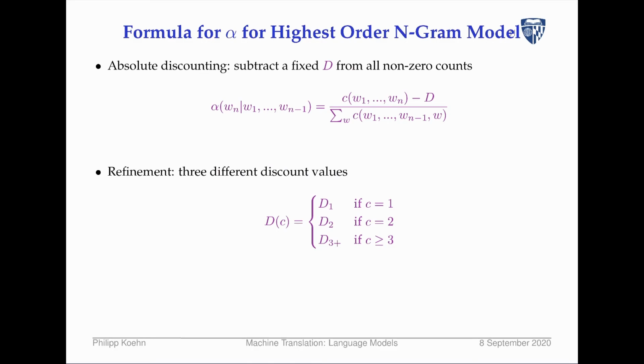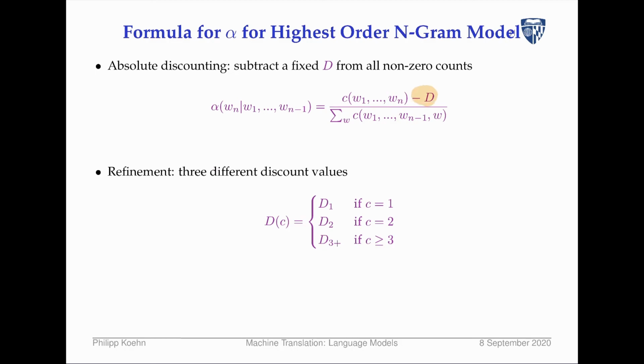In modified Kneser-Ney smoothing, we first come up with a fancy method to come up with discounts. And the way we do discounting now is slightly different. We don't just do Good-Turing smoothing and adjust counts that way, which leaves us some probability mass. Now we actually subtract a value from every seen count.